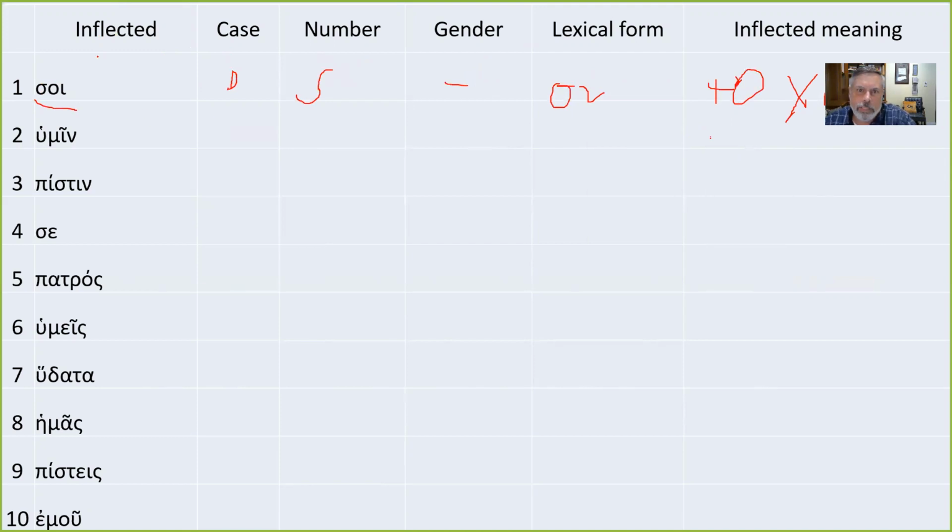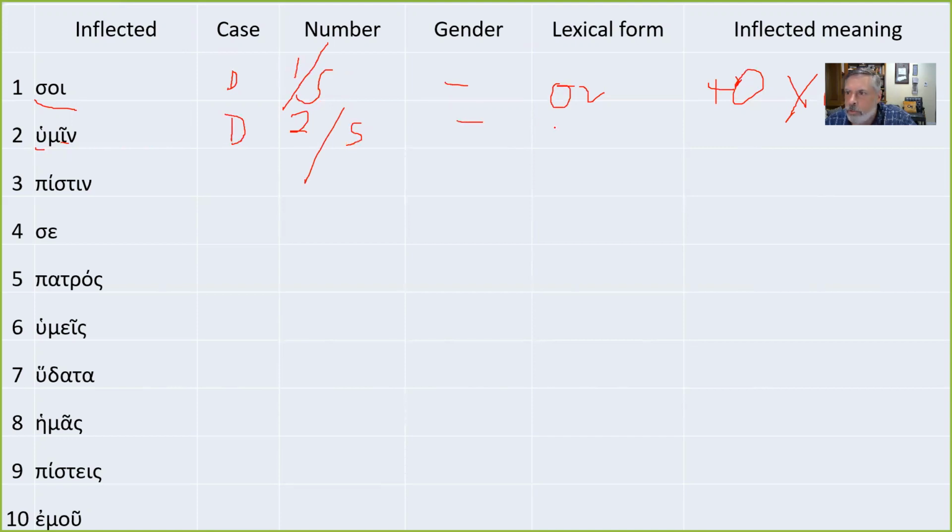All right, so humin, there's my dative, and because it's the hu, it's second person. This is first person here, so it's first person singular. This is second, singular. And this is going to be in the dative case also, because I have my iota right there, and there's no gender for it.